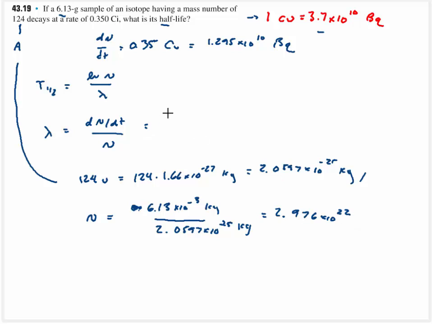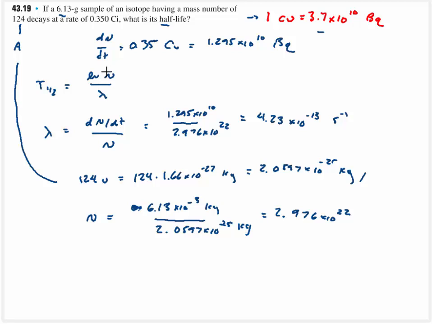And so we can come back up here and say 1.295 times 10 to the 10th decays per second, divided by 2.976 times 10 to the 22nd. It's going to give us a decay constant of 4.23 times 10 to the negative 13th, with a unit of inverse seconds, because this was in decays per second.